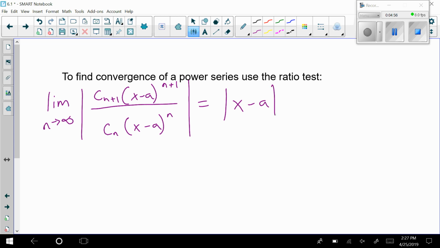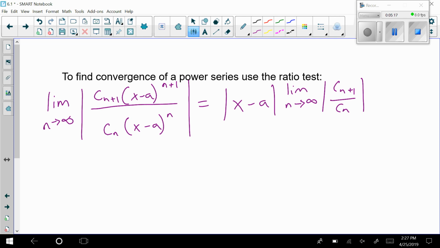Absolute value of x minus a, times the limit as n goes to infinity. That's a terrible n here, let me change it. The limit as n goes to infinity of c sub n plus 1 over c sub n. I don't think that's a hard solve.